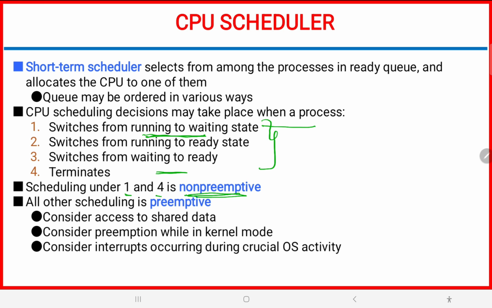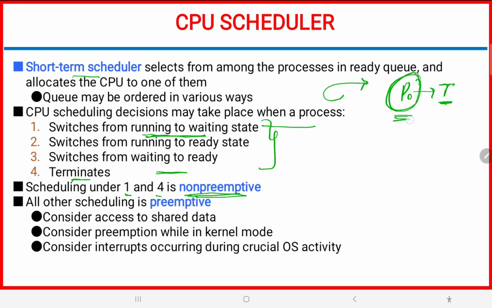Then if you see over here, the other one is when the process terminates. Process P0 was executing whatever task it was assigned, and that entire task is over. So this process no more needs the CPU as it has finished its task. So this process terminates. Then because the CPU is free, some other process comes, for which the selection is made by the short-term scheduler, and that process is given access to the CPU.